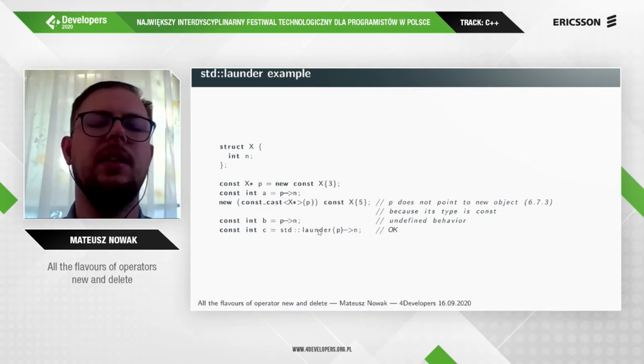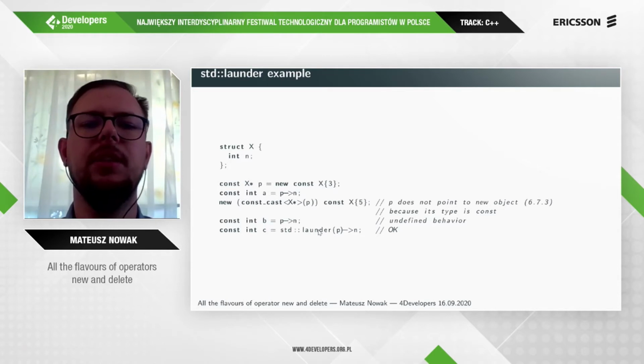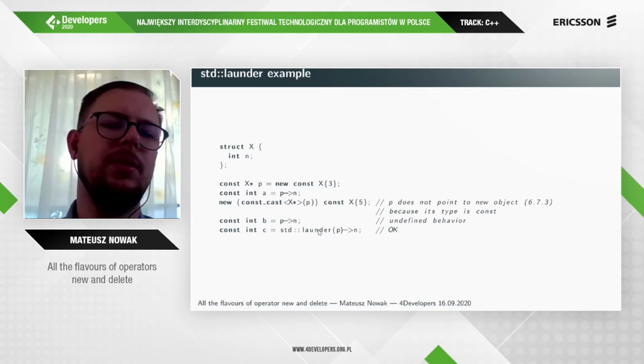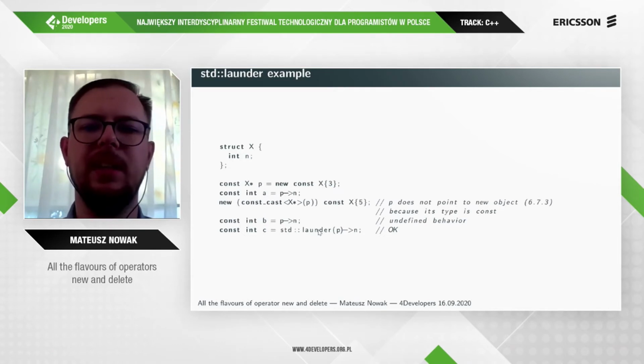And in this case, we don't know whether b will be the old value or the new value, depending on the optimizations applied. So b can be in this place either 3 or 5.